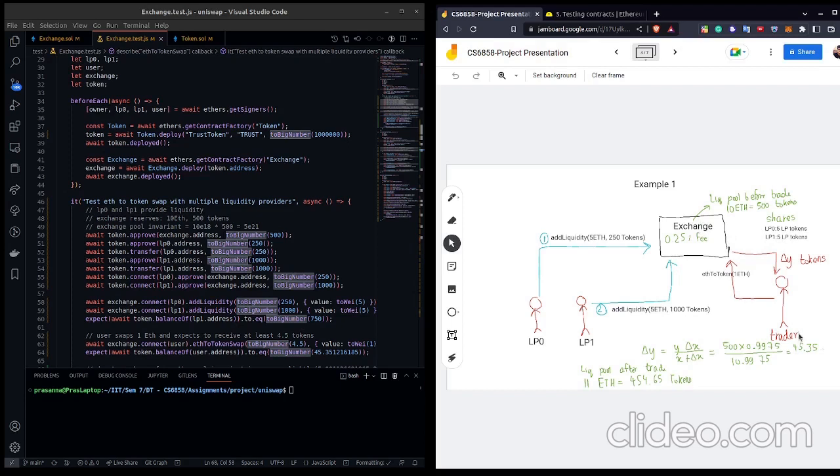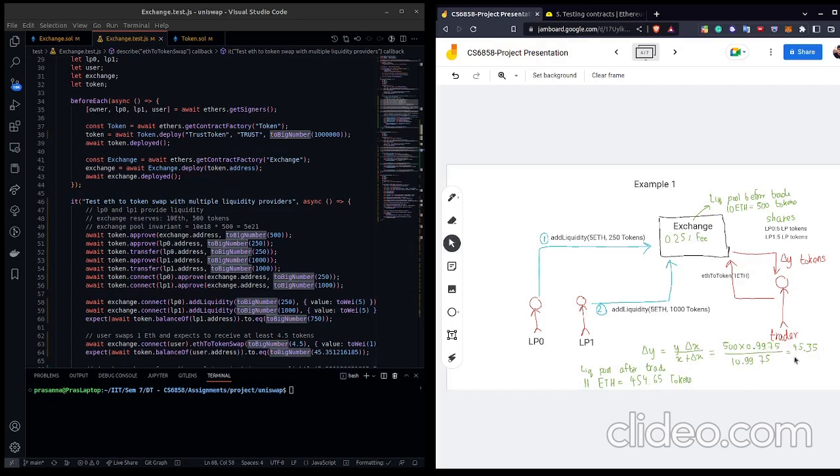Now a trader comes and wants to swap ETH with tokens and sends 1 ETH. Now we have to find the amount delta Y of tokens that is returned to the user by the exchange. This is found using the formula which we had seen earlier, and delta X is the amount that is sent by this trader after deducting the exchange fee.